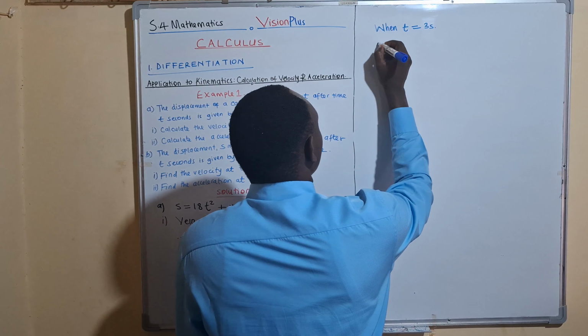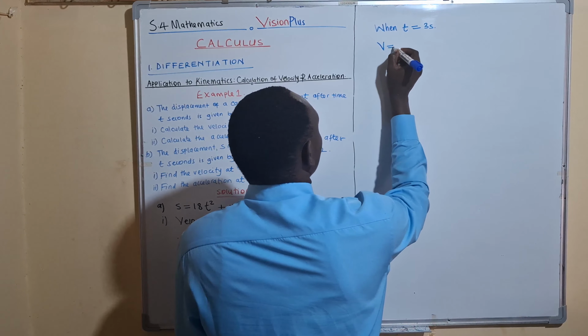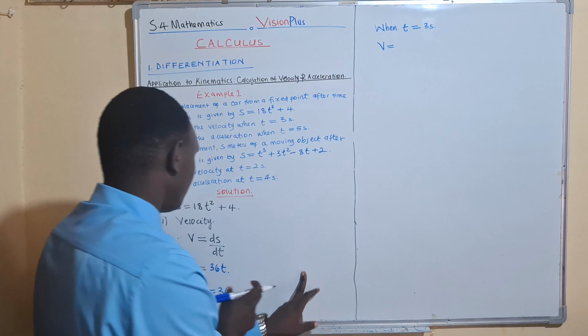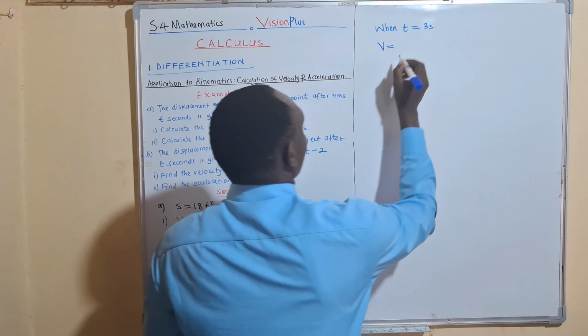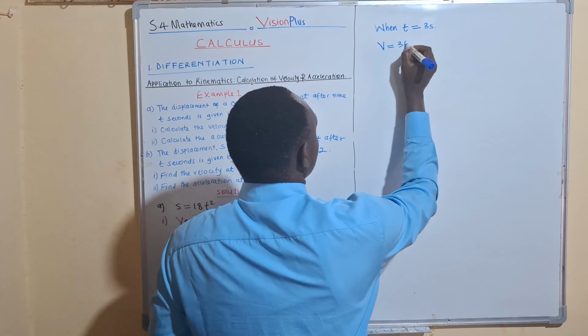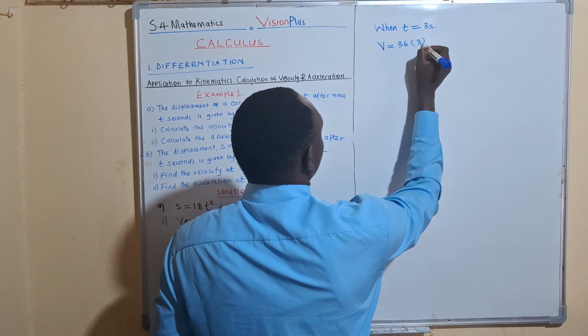So we say, therefore, velocity equals, we substitute for t as 3 in the expression for velocity, 36t, and t now is 3 seconds.